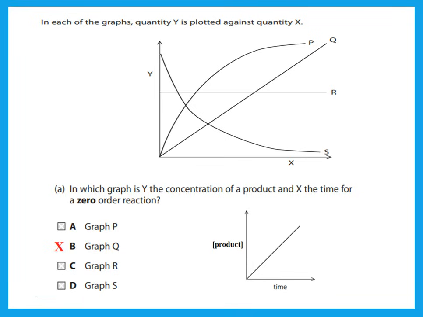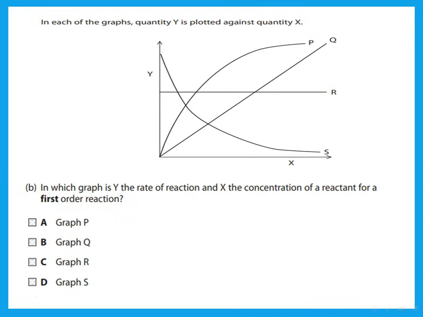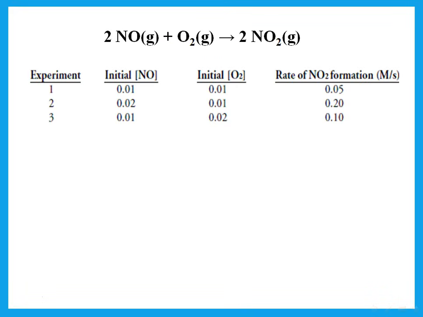So it's the graph that he calls Q. Another question: in which graph is Y the rate and X the concentration? As the concentration increases, the rate increases for a first order reaction. So that's the same graph. Are we following? Please read the questions carefully. Sometimes they are a little confusing.